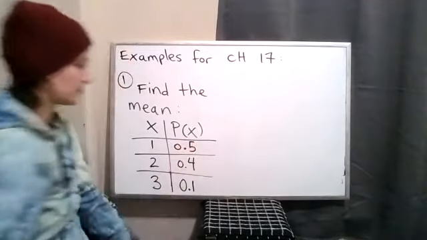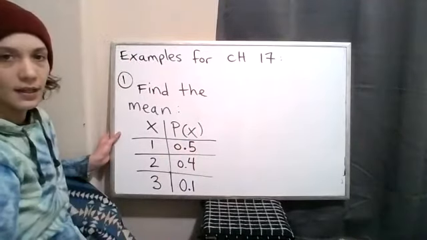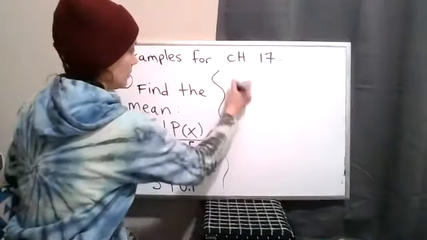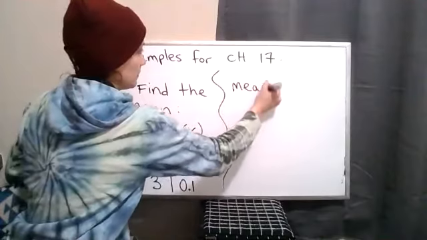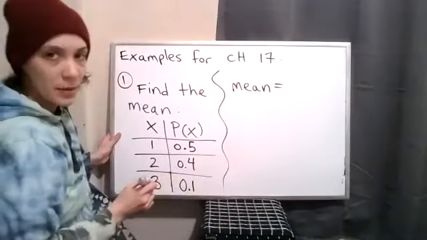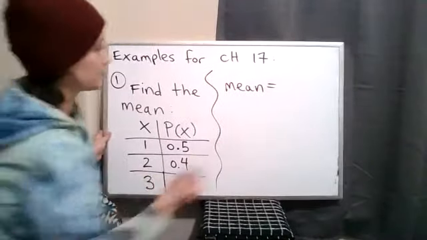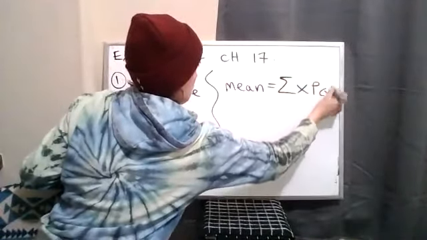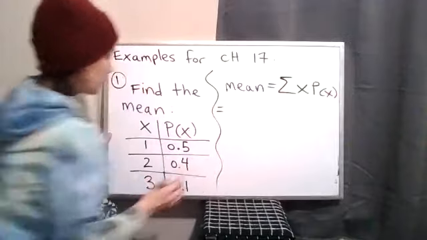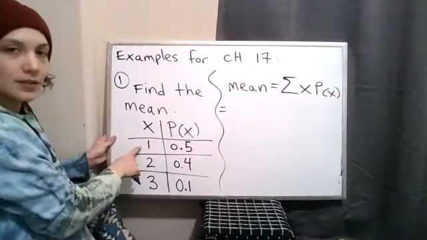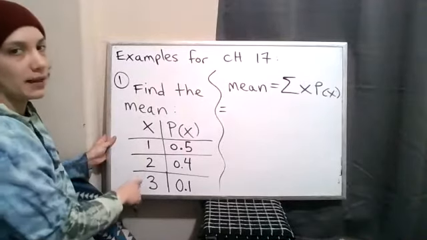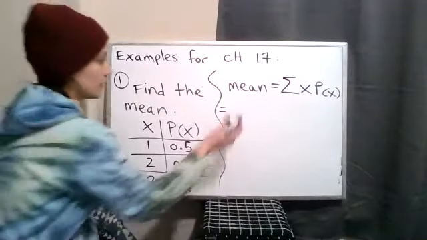The mean for X is the sum of x times p of x. And you put in your x values: 1 times p of 1, add 2 times p of 2, add 3 times p of 3.